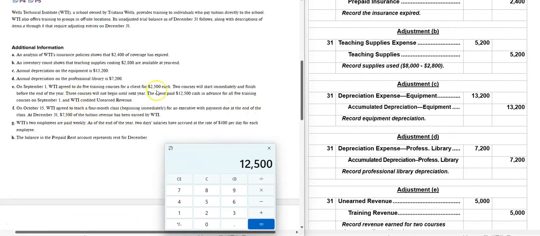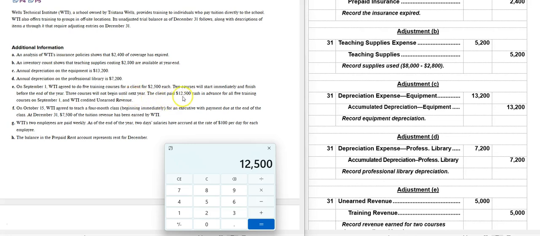By the end of the year, all 5 training courses, I got to read this carefully. 3 courses will not begin until next year. But remember, the client paid cash in advance for all 5 training courses in September. This is telling me that out of the 5 that the client prepaid, 3 of them have not been provided, so we haven't earned 3 out of those 5 courses.